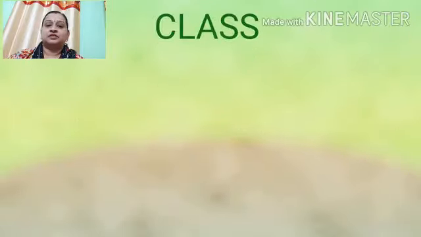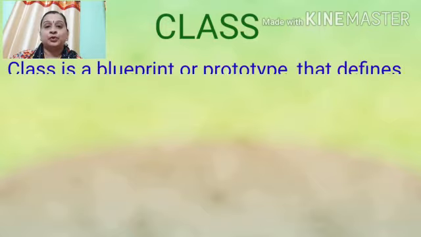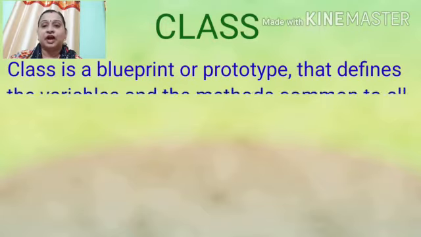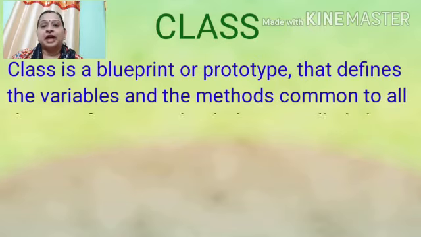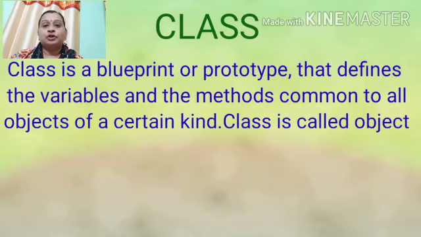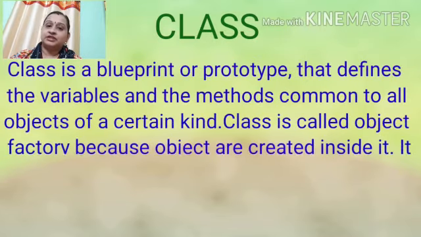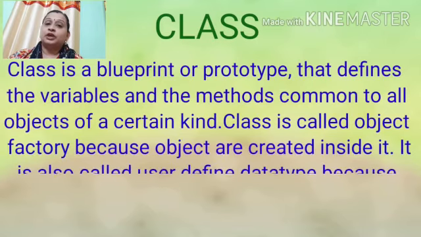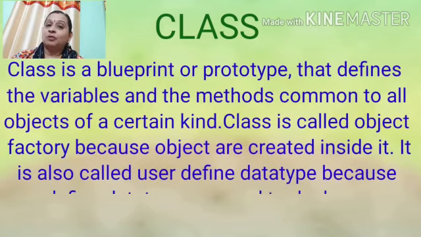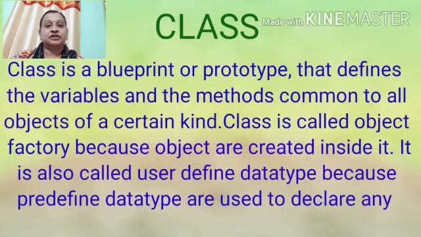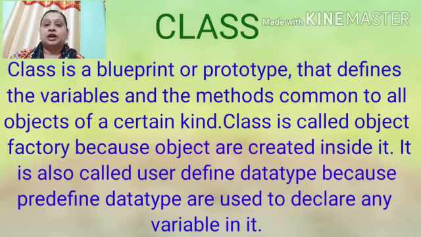What is a class? A class is a blueprint or a prototype that defines the variables and the methods common to all objects of a certain kind. So it means that without the object, a class doesn't have its existence. And inside the class, the objects are created.